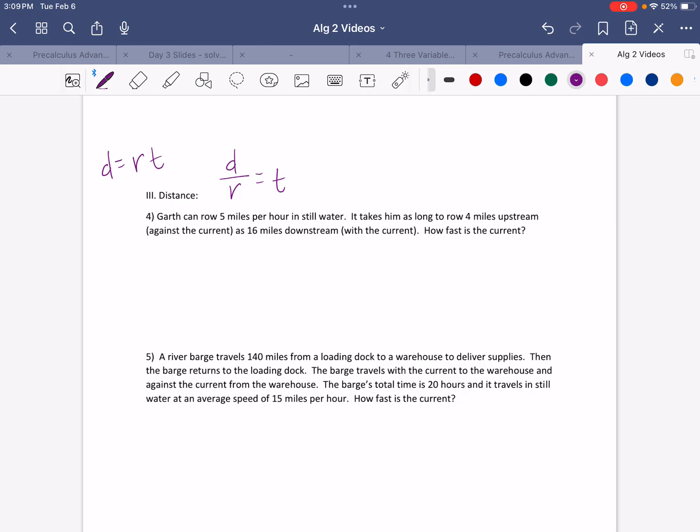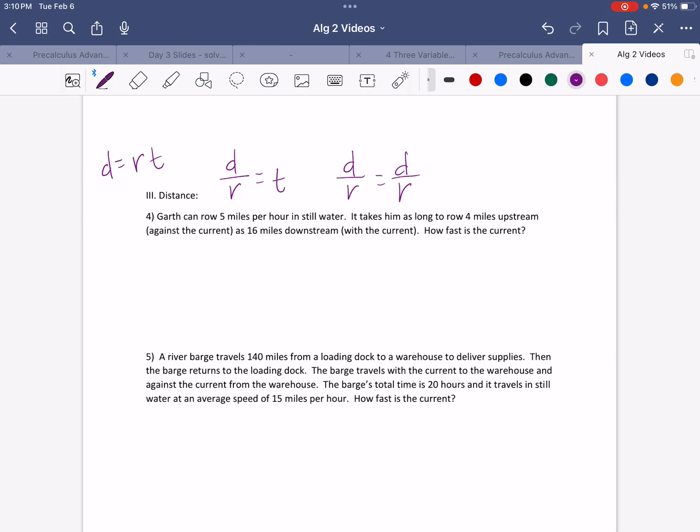We might have a scenario as simple as this, or if the time it takes to get to two different places is the same, we might set the distance over rate equal to another distance over rate.